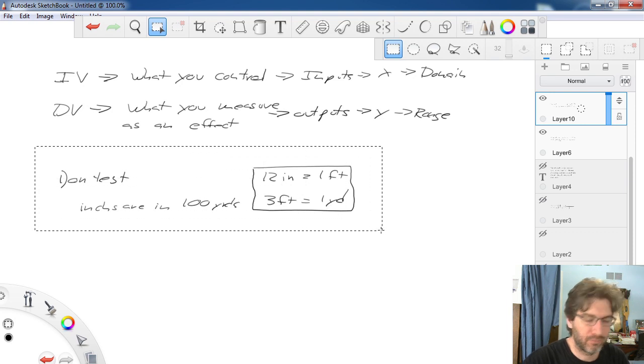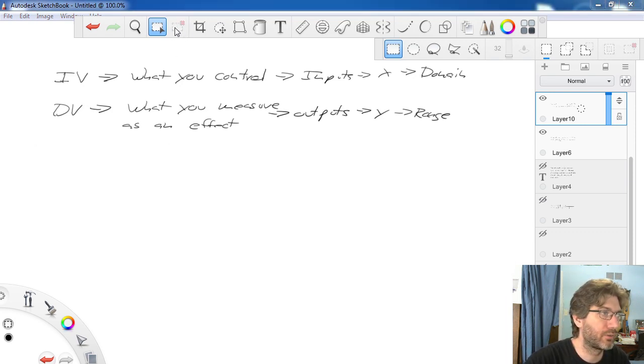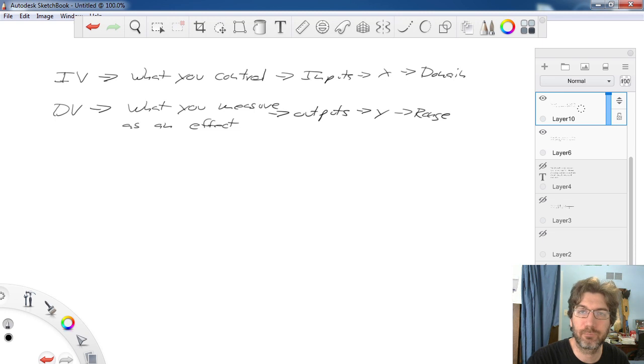Independent and dependent variables. I don't know. What do we got? Do some examples.